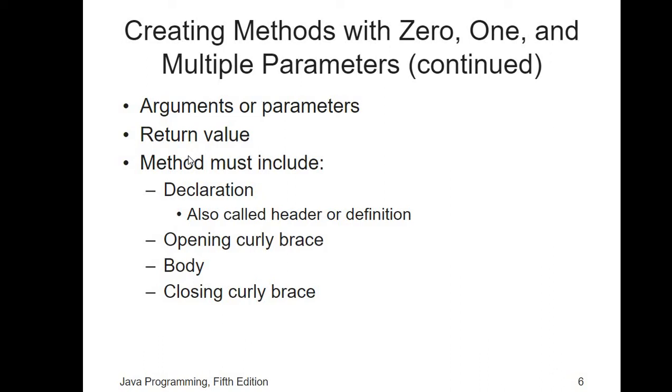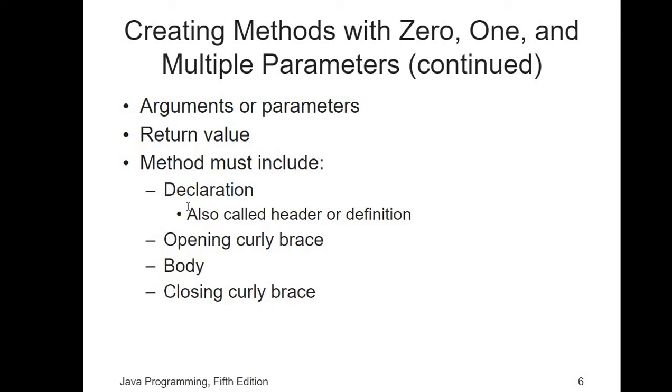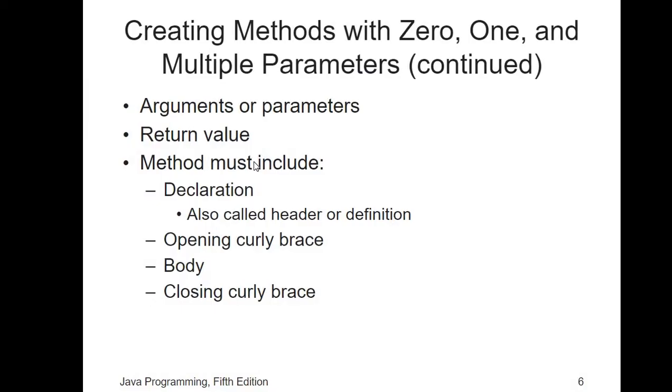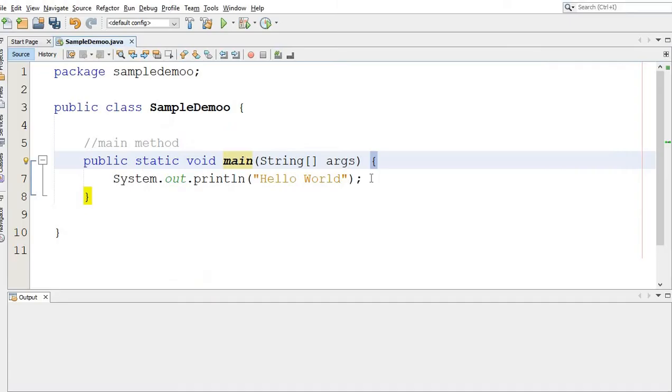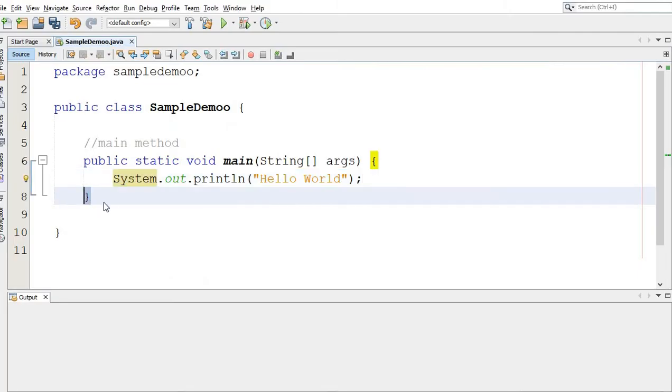Then, this one is the important part. Method must include declaration, also called header or definition, followed by opening curly braces, the body, and closing curly braces. So, paano yung declaration? This is your declaration: public static void main. Then, opening curly braces, the body, which is yung laman ng method natin, and closing curly braces.